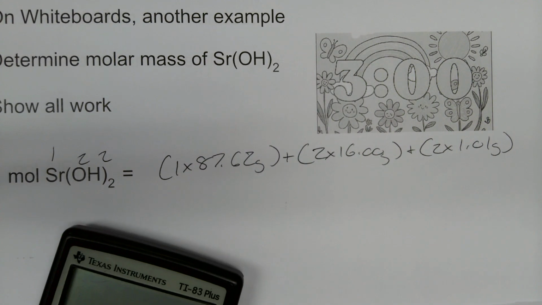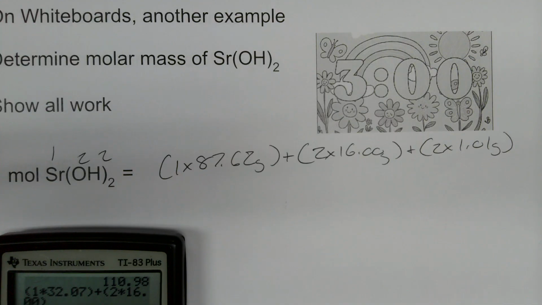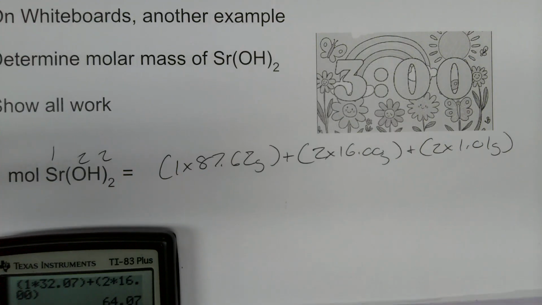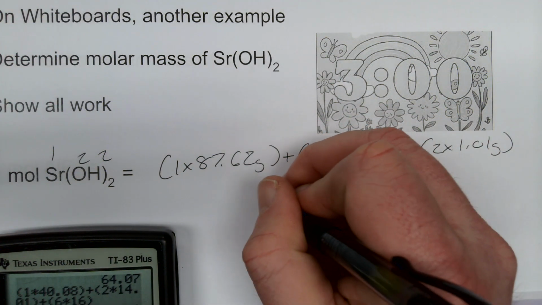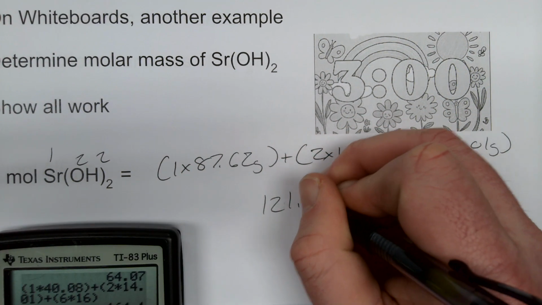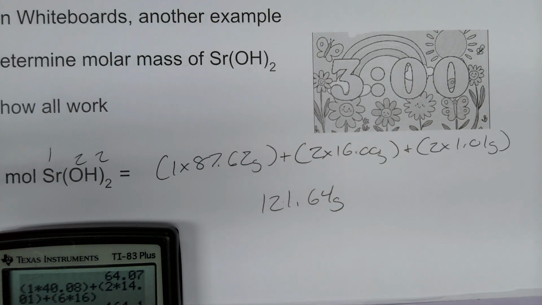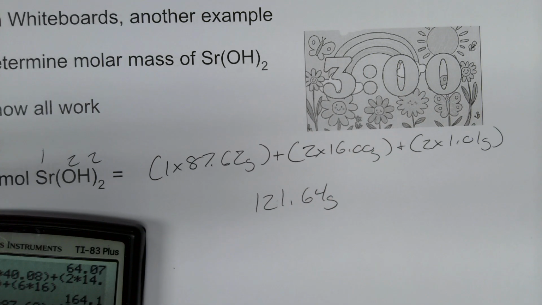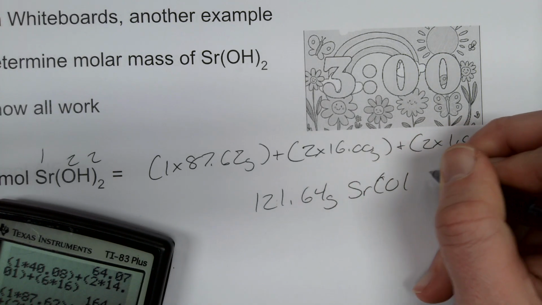Pull out my handy dandy calculator. Parentheses 1 times 87.62. Close it. Plus 2 times 16 plus 2 times 1.01 equals 121.64 grams. That's how many grams I have of strontium hydroxide.